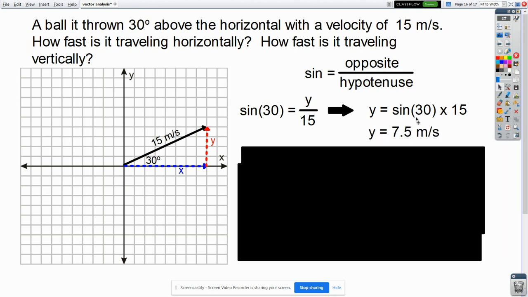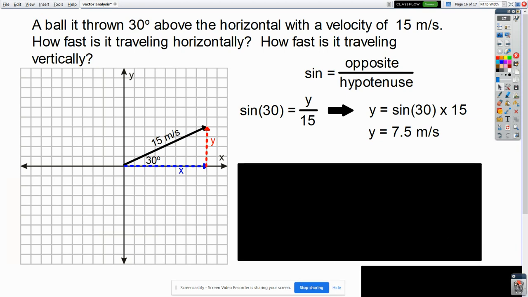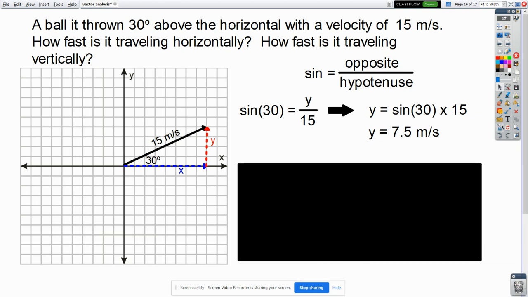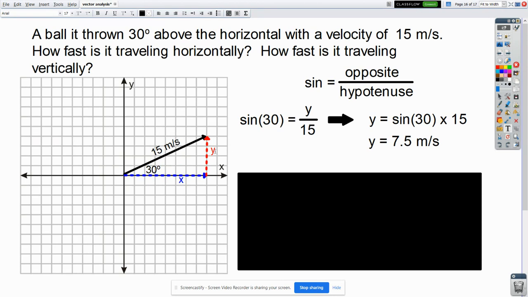Sine 30 equals times 15 is 7.5 meters per second. So I know that that is 7.5 meters per second north or up. And either up or north, depending on what we're doing here. So throwing a ball up is probably the better way of describing that.